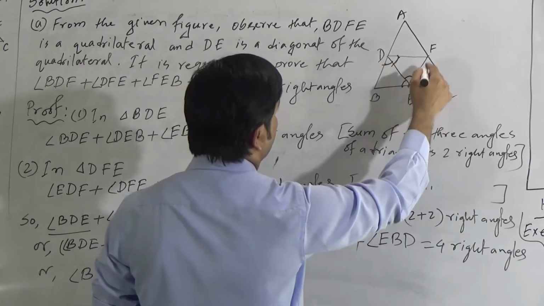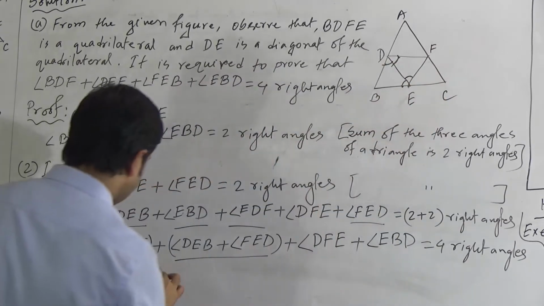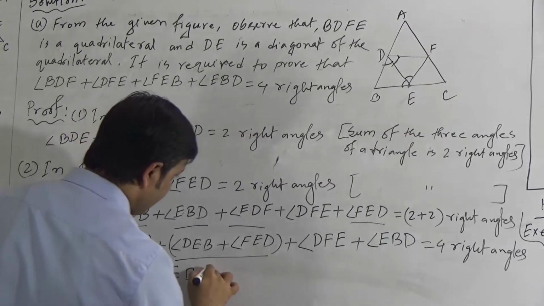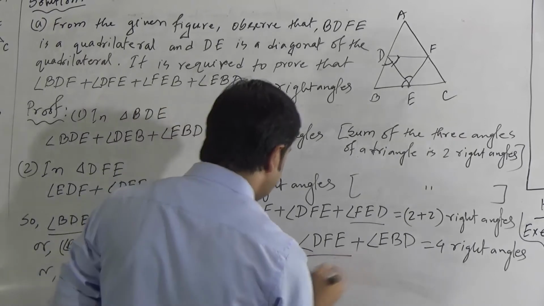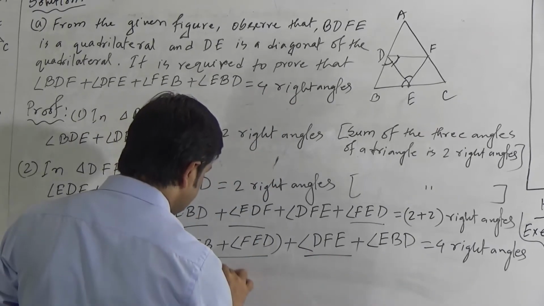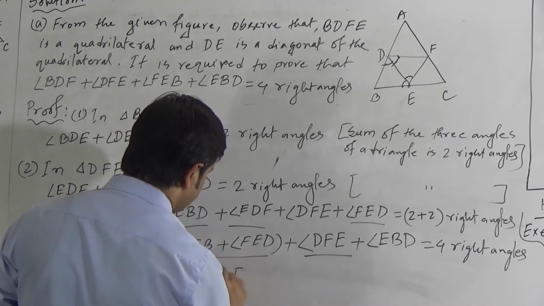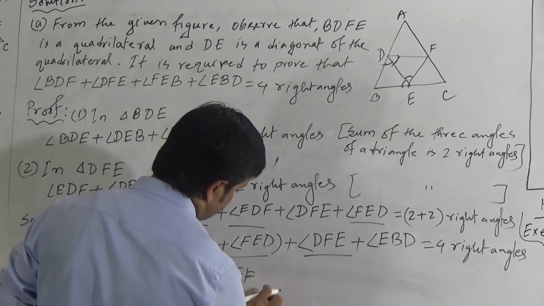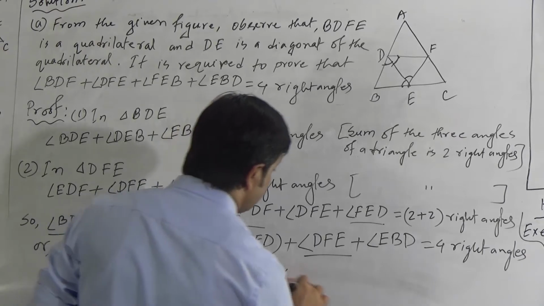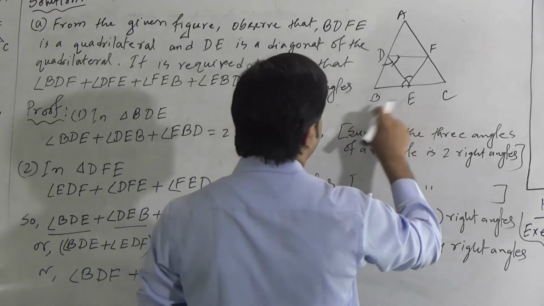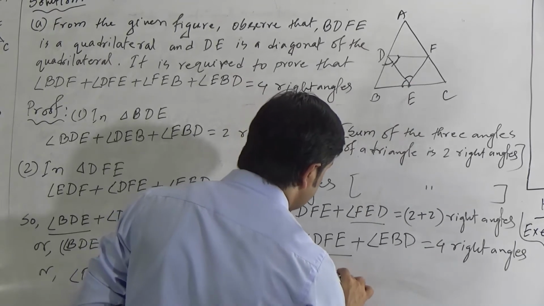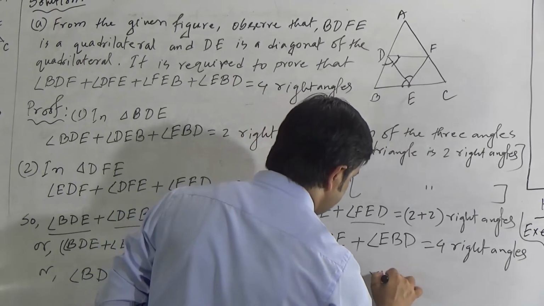So the sum of these two will be FEB. So we can write here FEB plus now the remaining angle DFE plus another angle EBD. EBD is equal to 4 right angles.